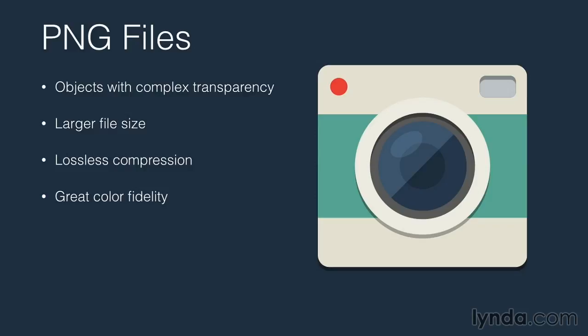Those are objects that have a lot of drop shadows or gradients and things like that hanging off the edges. They also produce a little bit larger file size, but that's probably because they contain lossless compression. And they're also really great for color fidelity. And in fact, there's some websites, Facebook for instance, that actually recommend uploading your photos to their service in PNG format because it contains better color quality.